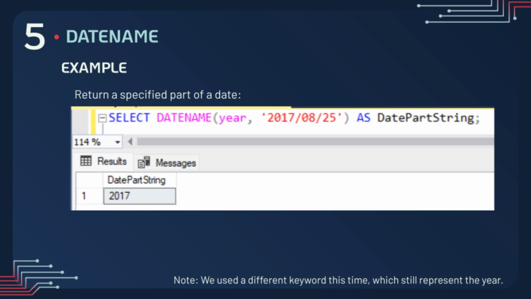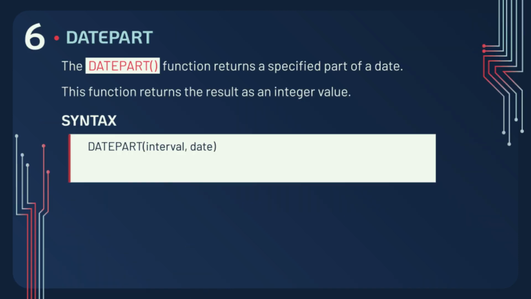So yeah. DATEPART. The DATEPART function returns a specified part of a date. This function returns the result as an integer value. What's the difference from the other topic? This only returns an integer, and the other returns a string.